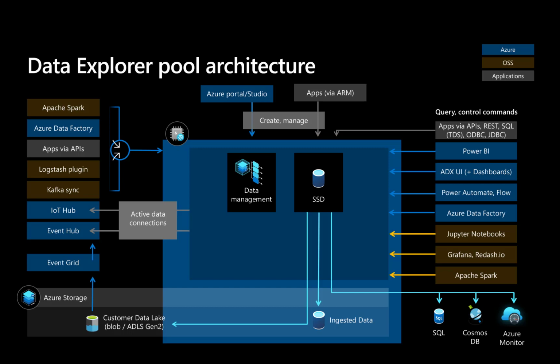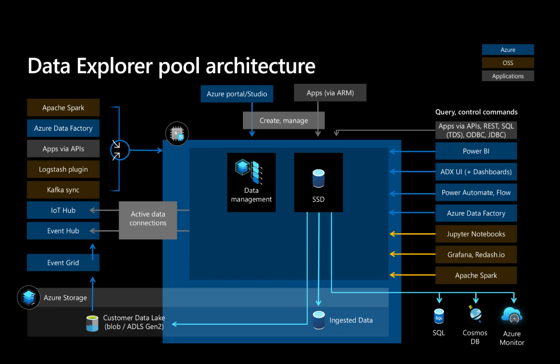So essentially, Data Explorer pools implement a scale-out architecture by separating the compute and storage resources. So you can see over here, there are two types of compute and then the storage. So it enables you to independently scale each resource and, for example, run multiple read-only computes on the same data.